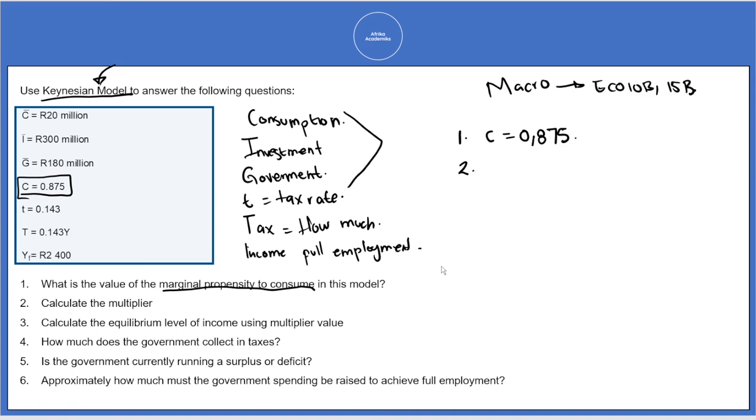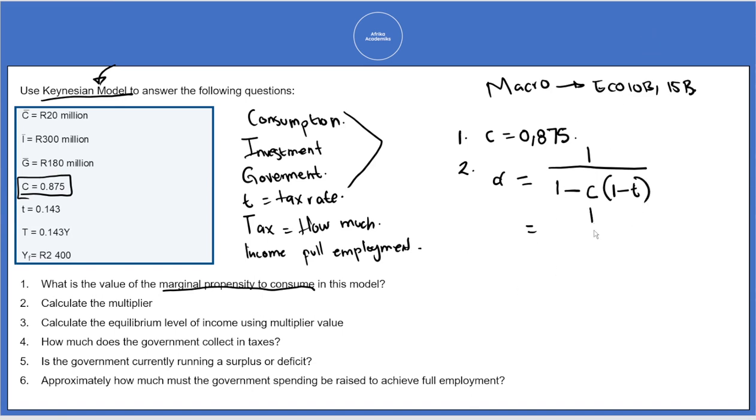And then number 2, it says calculate the multiplier. So the multiplier is the one which you have to calculate. And there's a formula for that. You'll have 1 over, and then over here you'll have 1 minus C, then in bracket 1 minus small t. This is where you will substitute.